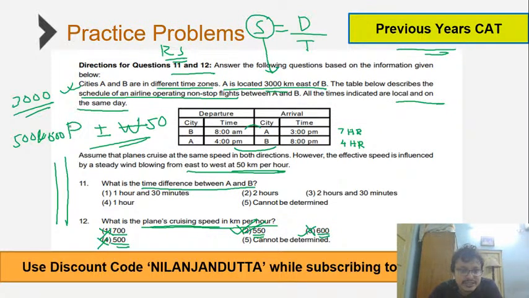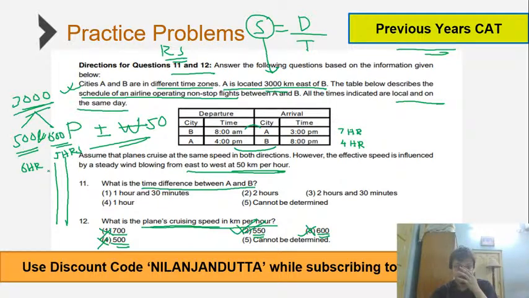Note, if the plane speed is 550 kilometers per hour, then when we are going with the wind, the speed will be 600 kilometers per hour. When we're going against the wind, the speed will be 500 kilometers per hour. So not only have we got the first part of the answer, but also if you divide the distance by these respective speeds, you'll get the time as 6 hours and 5 hours respectively.